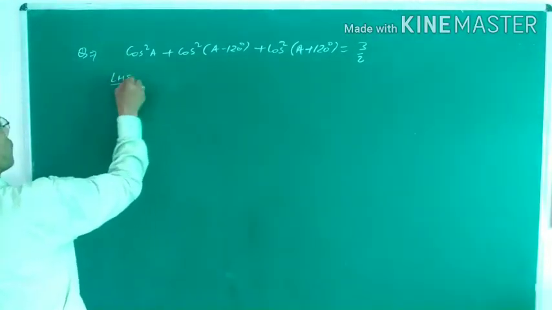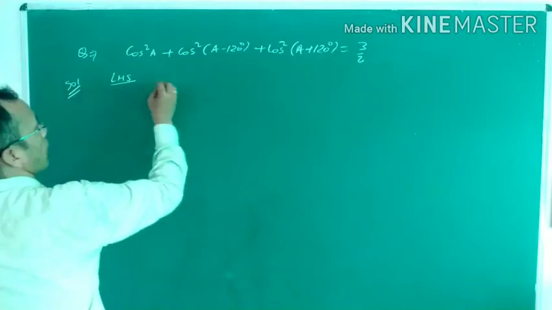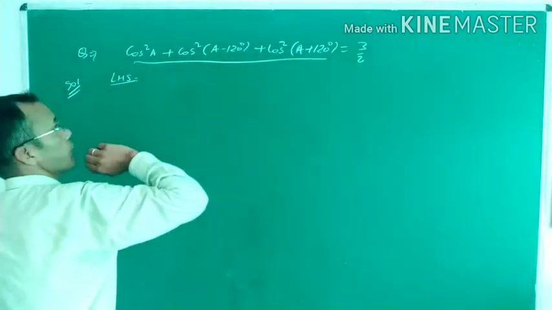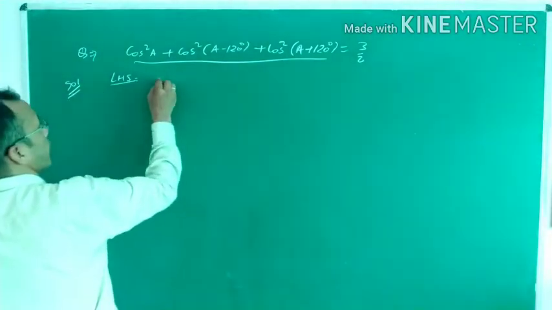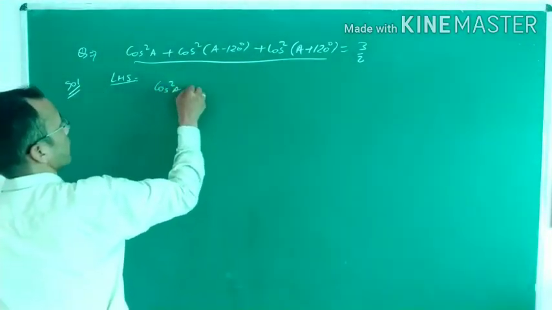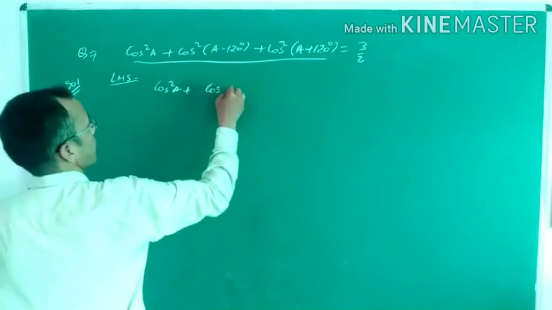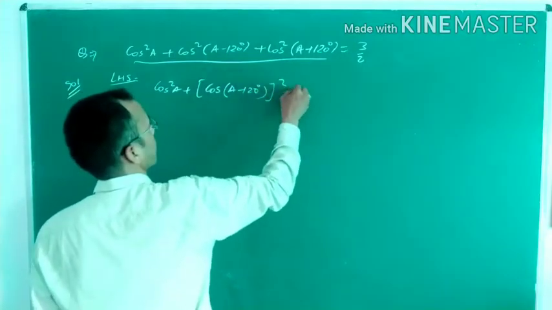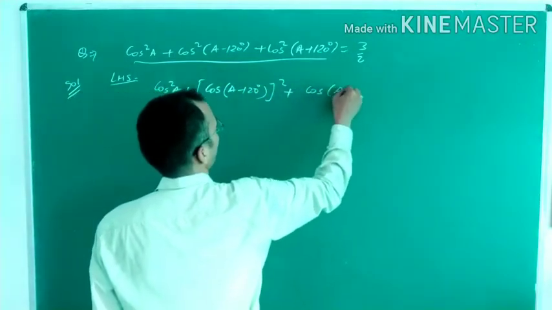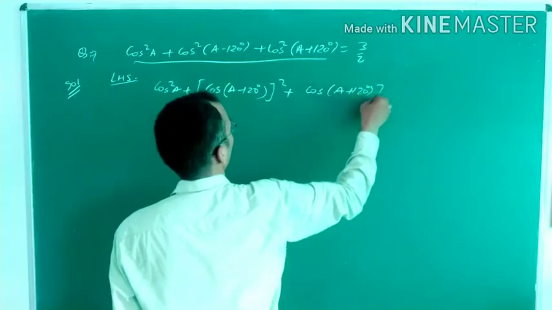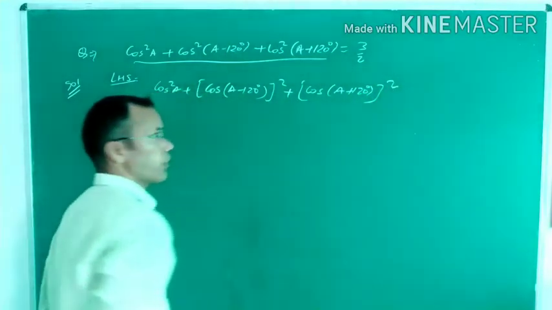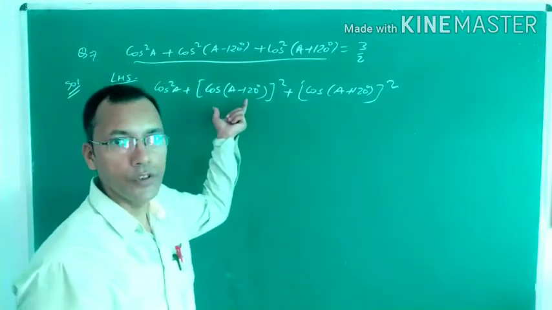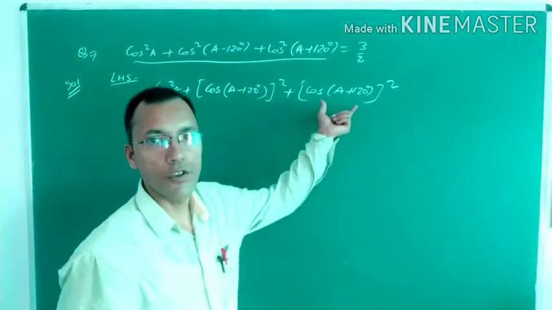The solution: the left hand side can be written as cos square A plus (cos (A minus 120 degrees)) whole square, plus (cos (A plus 120 degrees)) whole square. We can sort out this problem by using the formulas for cos (A minus B) and cos (A plus B).